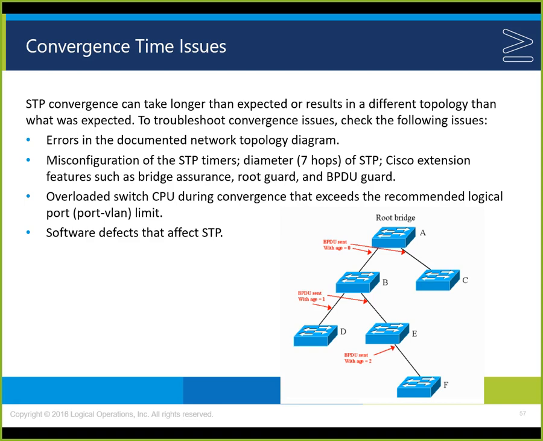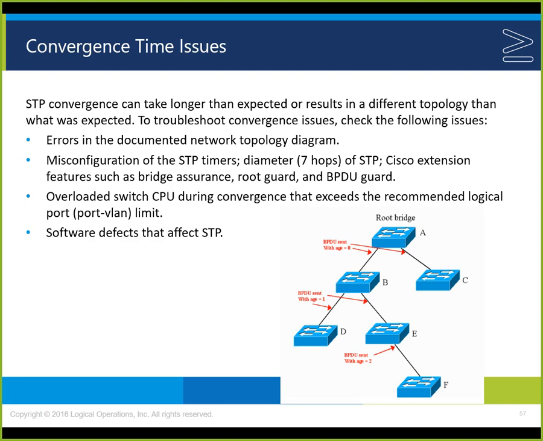Convergence time issues, and the reason this image is here is the radius of the network, how big it is. Convergence can take longer than expected if there is a different network topology than was expected. Errors in the documented topology diagram are easy to get.